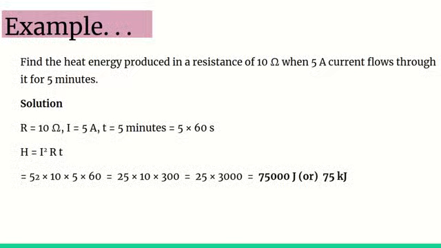This comes to be 75 kilojoule because 1 kilojoule is 1000 joules. So 75,000 joule becomes 75 kilojoule.